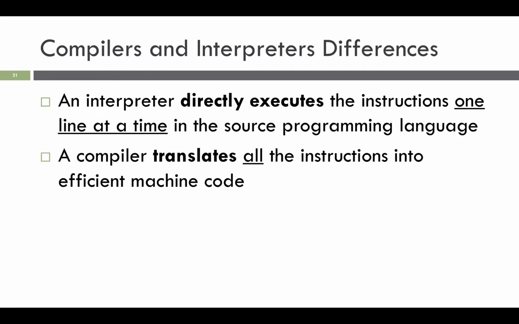Compilers and interpreters differ in how they execute the source code. An interpreter directly executes the instructions one line at a time in the source programming language, turning into machine code. It interprets, compiles, and then executes the line in the high-level language, and then moves on to the next line. A compiler translates all of the instructions into efficient machine code.